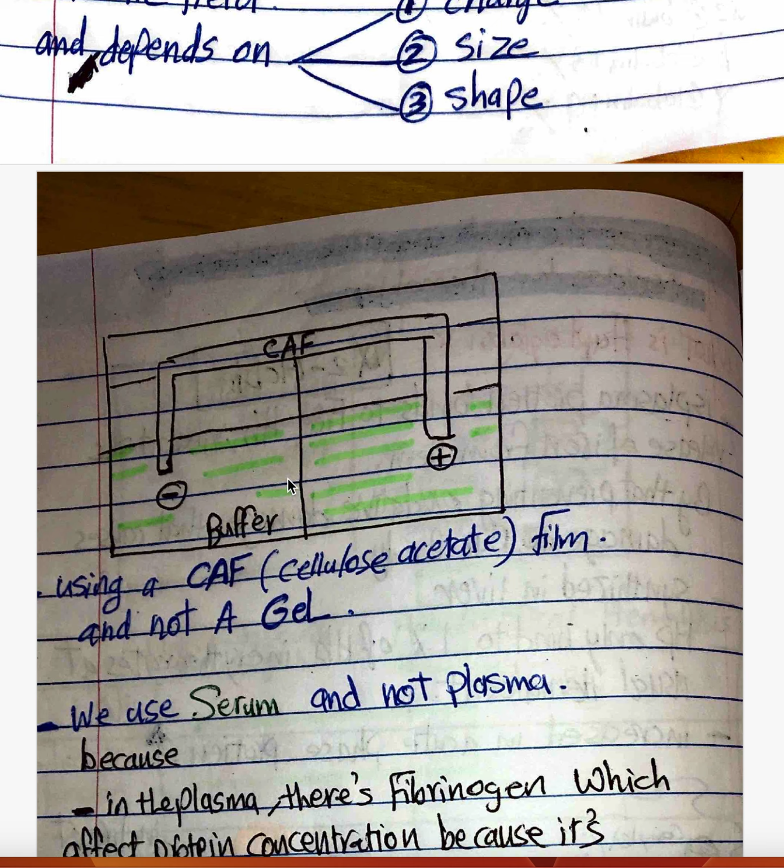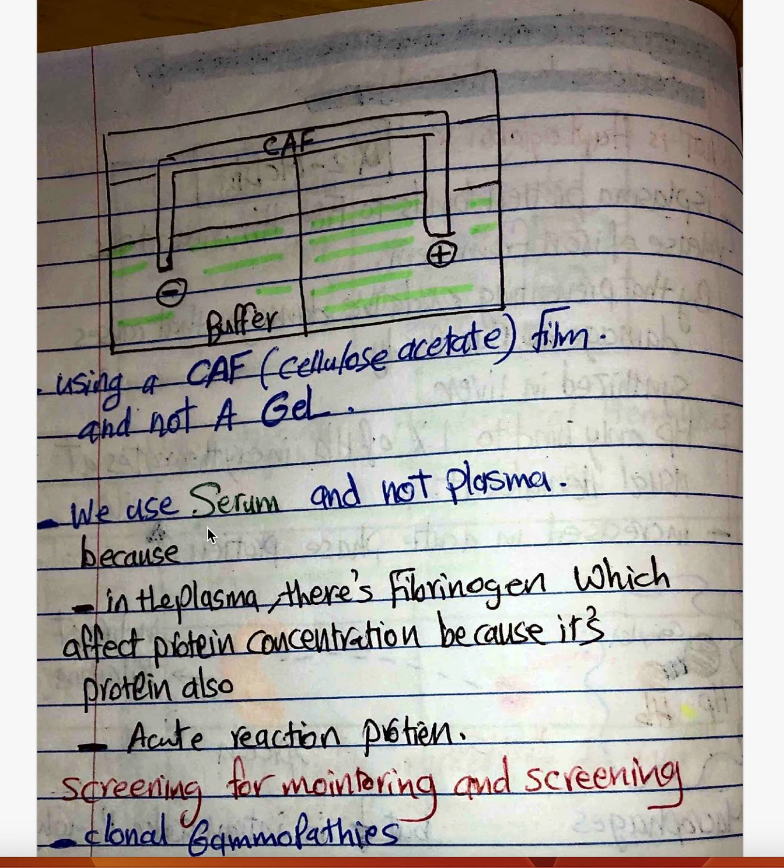We just control the conditions like the buffer and also the temperature and other things. So these plasma proteins will go in this direction because they are negative. We didn't use gel, we use cellulose acetate.